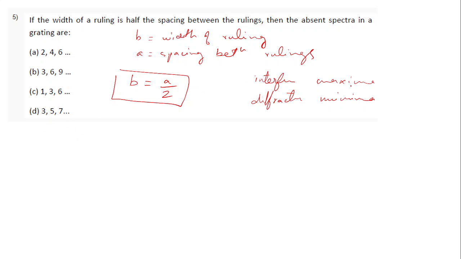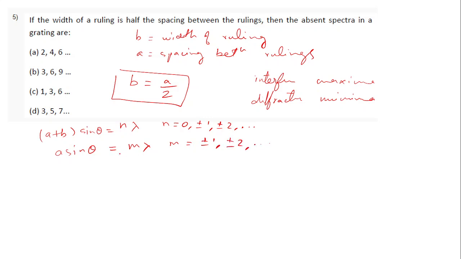Using the conditions for interference maxima and diffraction minima: for interference maxima the condition is (a plus b) sine theta equal to n lambda, and for diffraction minima it's a sine theta equal to m lambda, where n can take 0, plus minus 1, plus minus 2 and so on, and m can take plus minus 1, plus minus 2 and so on.